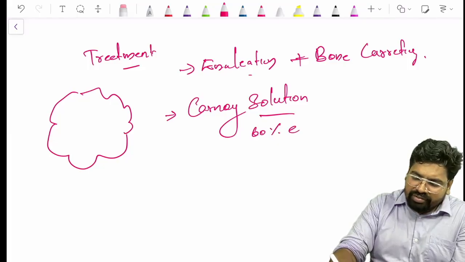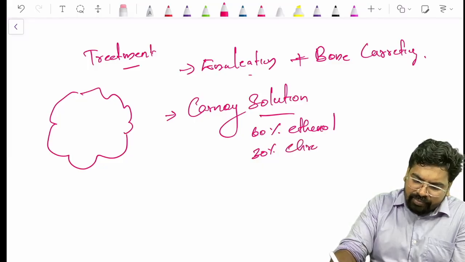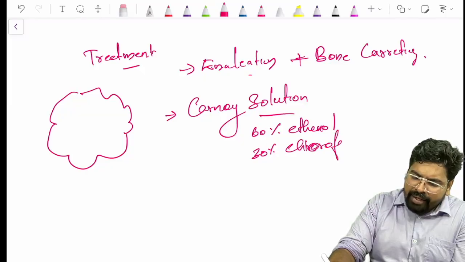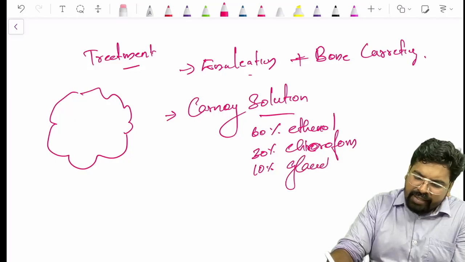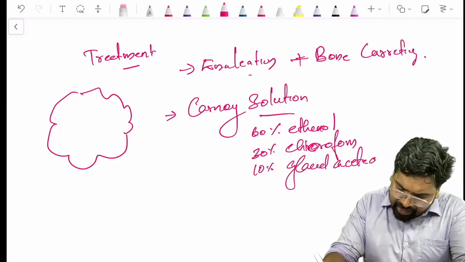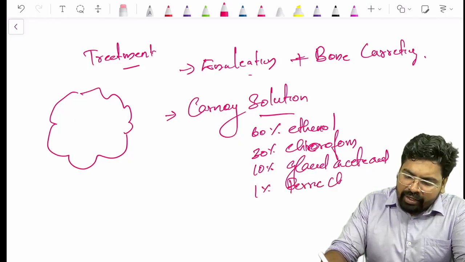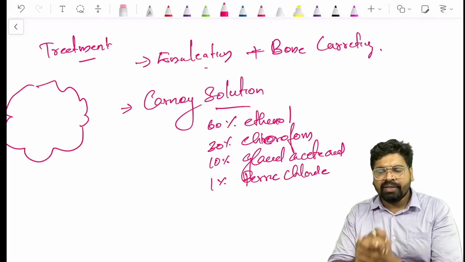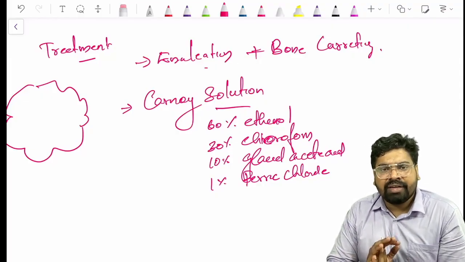It's a combination of 60% ethanol, 30% chloroform, and 10% glacial acetic acid, and 1% ferric chloride. Okay, so this is Carnoy solution. You can pack that area with Carnoy solution. So this is about OKC. Okay, I hope this is clear to you.